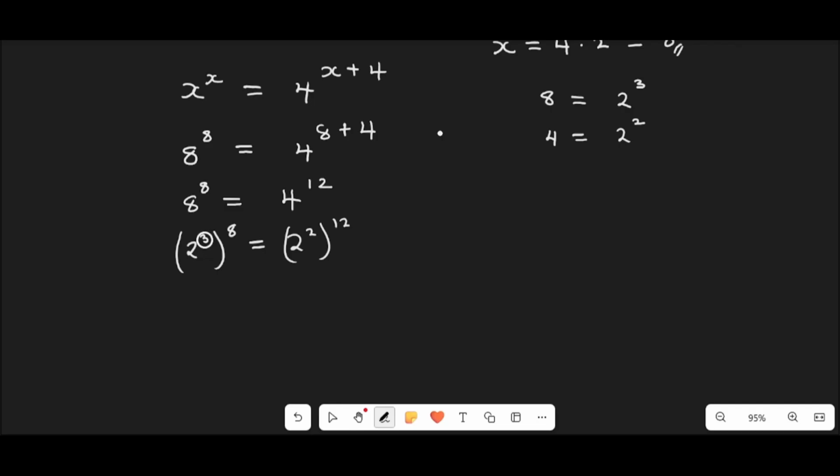Now let us multiply the powers. 3 multiplied by 8 will give us 24. So 2 raised to power 24 is equal to 2 multiplied by 12 will give us 24, 2 raised to power 24. That means our answer is correct.